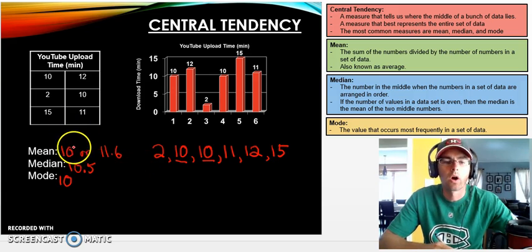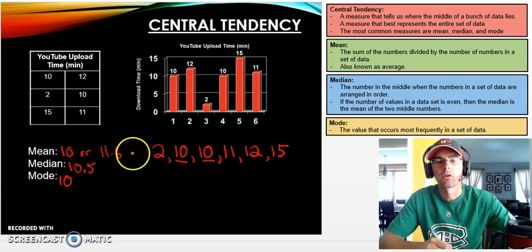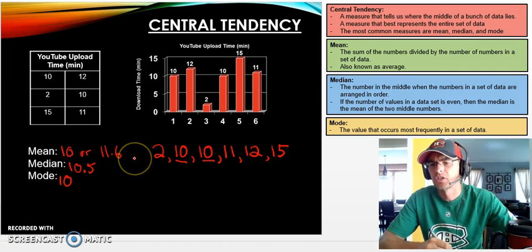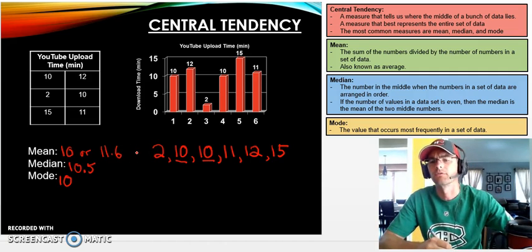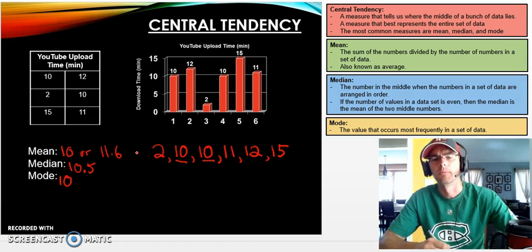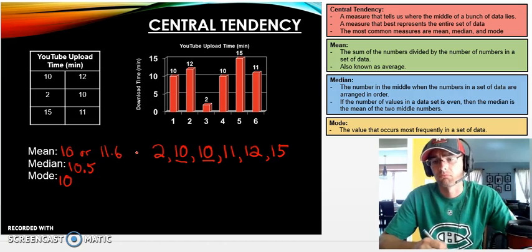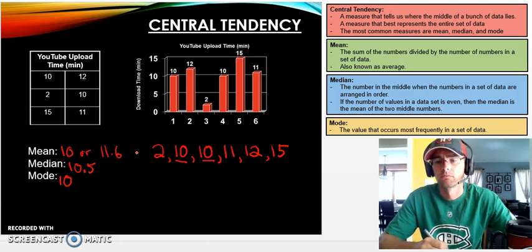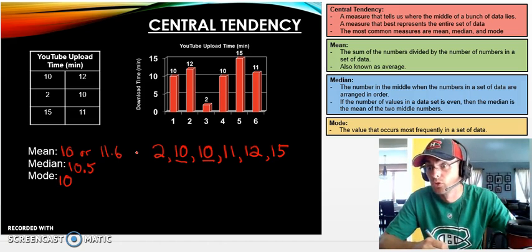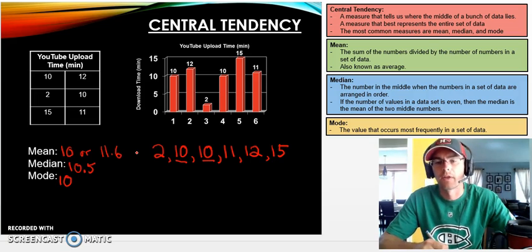Ideally, you want all 3, mean, median, and mode, to be very similar, and that should give you a better indicator of your download time. So the number that best represents this set of data, 10.5, 10, you decide. But it is around that range. That's central tendency, mean, median, mode.